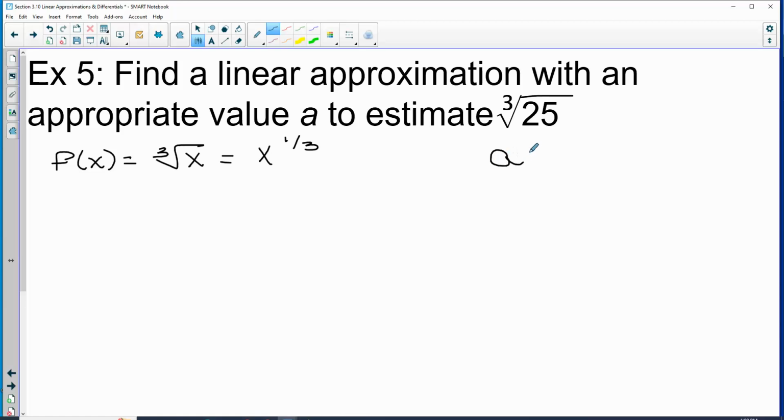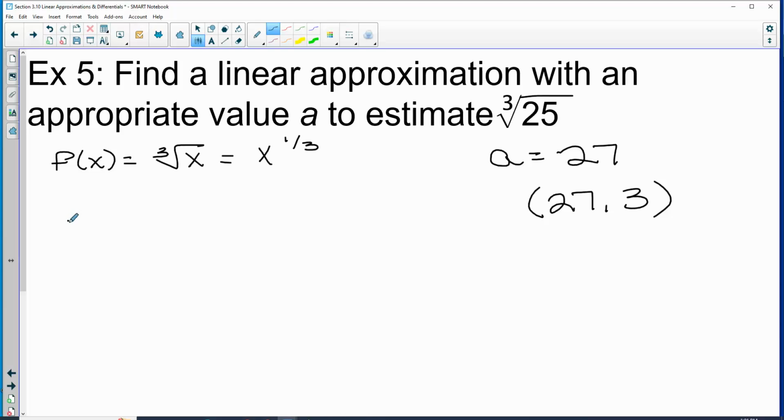What is my a? Something close to 25 that we can do the cube root of. 27. So 27, 3 is the ordered pair, because the cube root of 27 is 3.